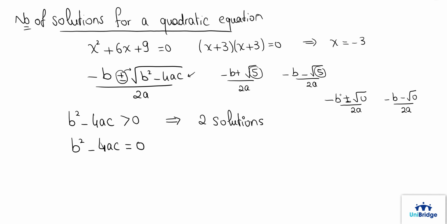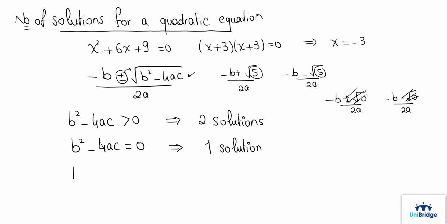But the square root of 0 is just 0, so this part is insignificant. You don't have a plus or a minus in the formula, you just have negative b over 2a, which is going to give you only one solution.